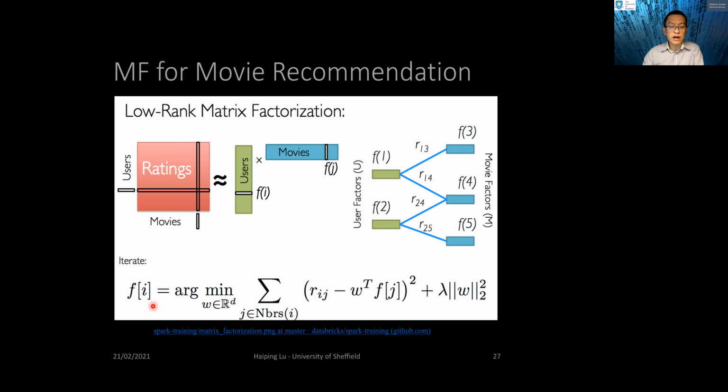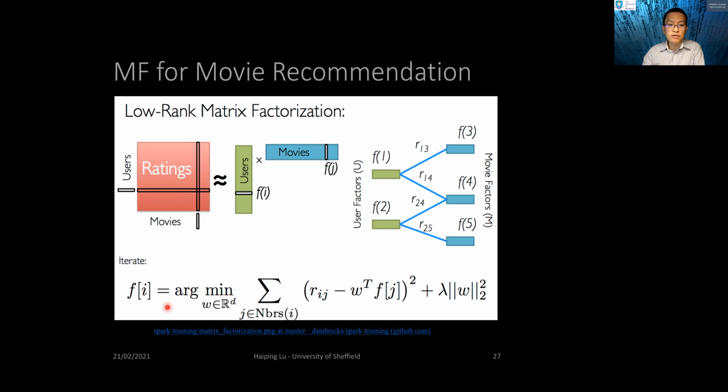This is one of the factors. For example, if we are solving for one of the factors, we assume that the other factors are known. Here, the neighbors of i means those with ratings. i is the user, so this j means those items that are rated by user i.